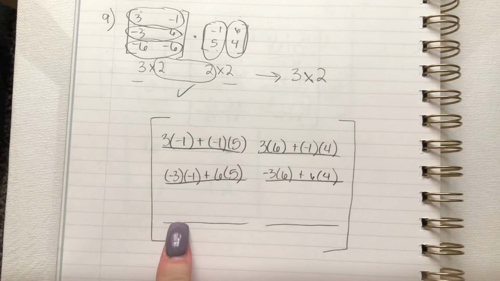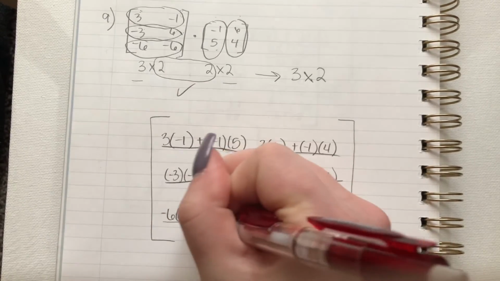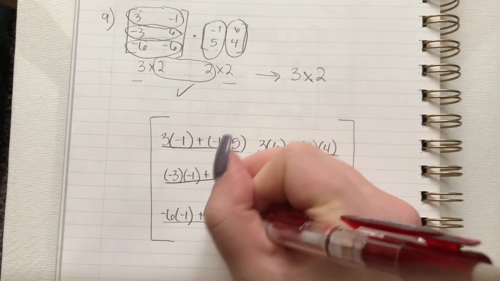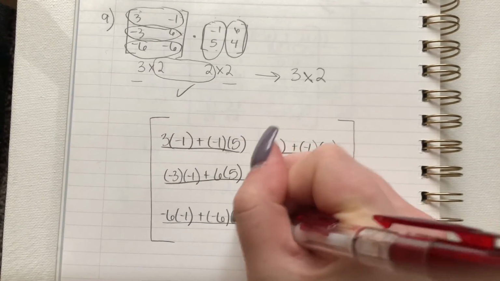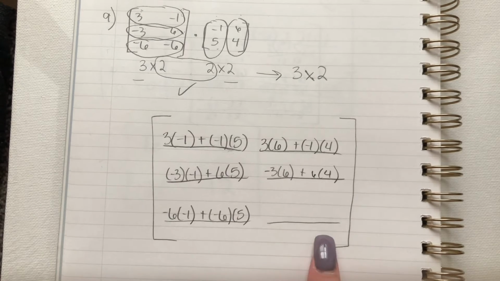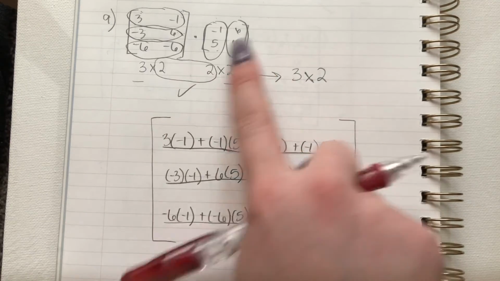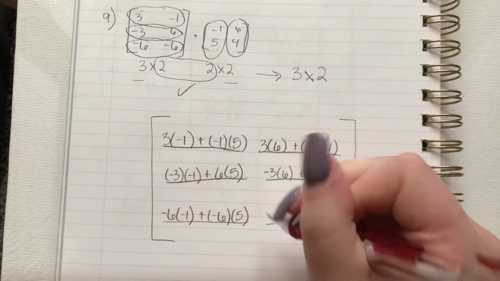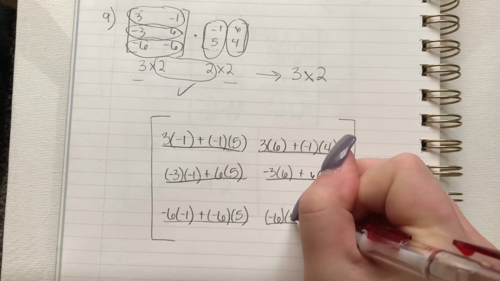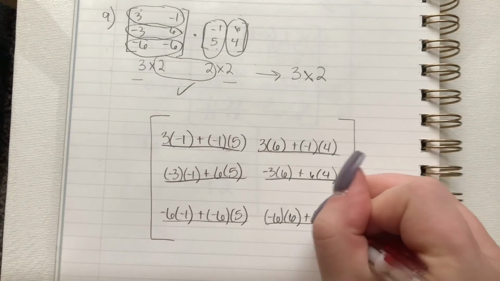Right here we are in row 3, column 1: -6 times -1 plus -6 times 5. And this last one is row 3 and column 2, so row 3 times column 2. That's -6 times 6, and then -6 times 4.